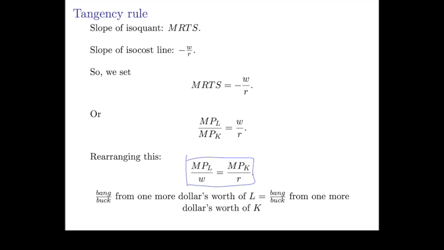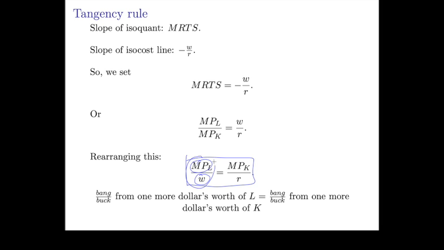In other words, if we look at the marginal product of each input and divide it by the price of that input, that has to be equal across all of the inputs. We've seen this before. Instead of marginal product, we had marginal utility, and we had the price of the goods when we were looking at the consumer. And so that's just the bang for your buck. It's the extra output you get.